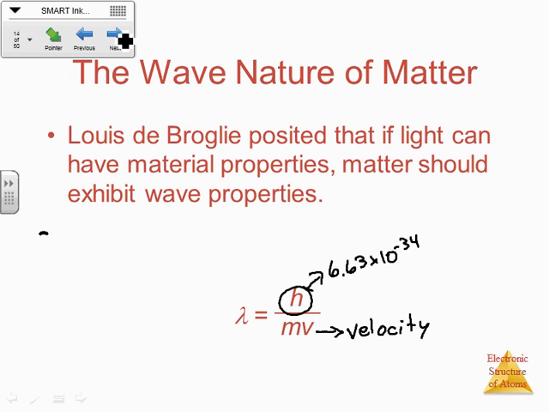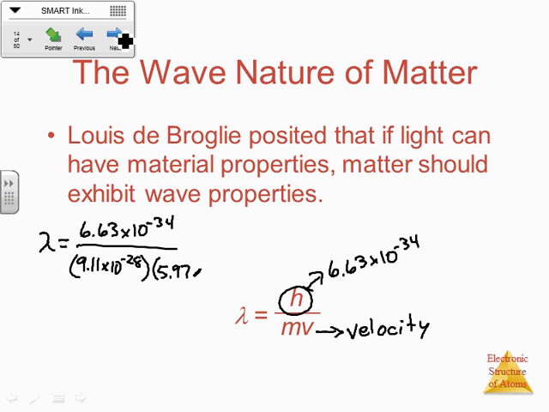So if we want to know the wavelength of an electron, it's going to be 6.63 times 10 to the negative 34th divided by the mass of the electron, which is 9.11 times 10 to the negative 28th, times the velocity, which is 5.97 times 10 to the 6th. We would want to make sure that all of these match up.